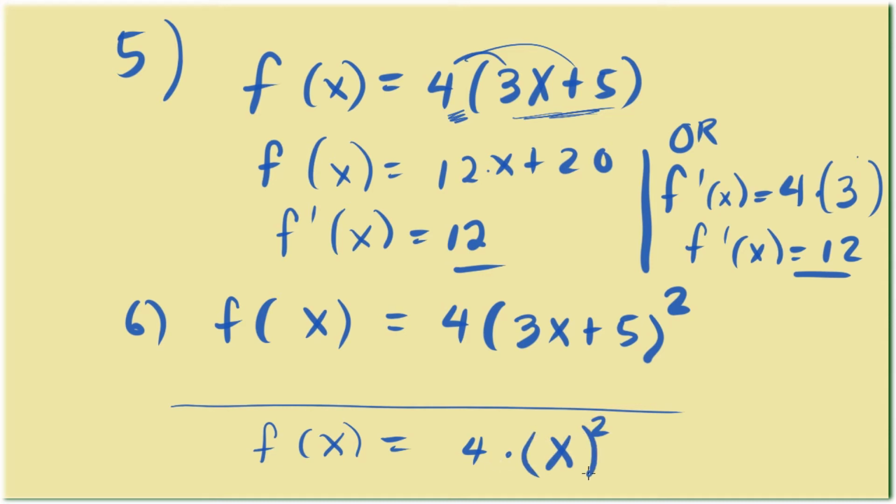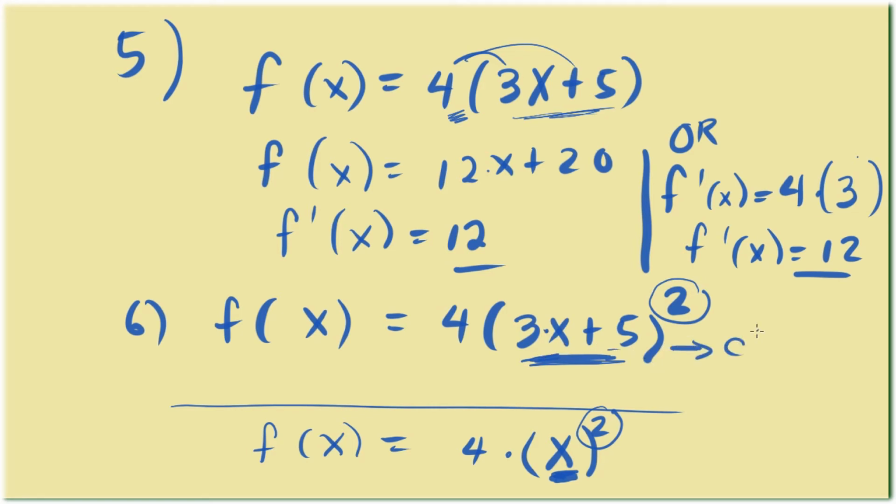squared, you can see the base here is just a plain x, okay? The base is a plain x. This is the exponent. Over here, the same exponent, but the base for that exponent is not a plain x. All right, so there's like a times 3 next to it and then plus 5.